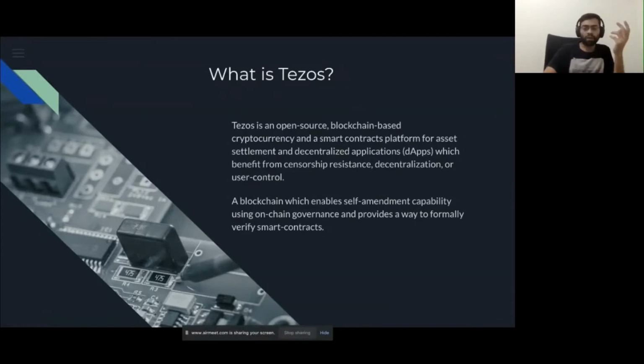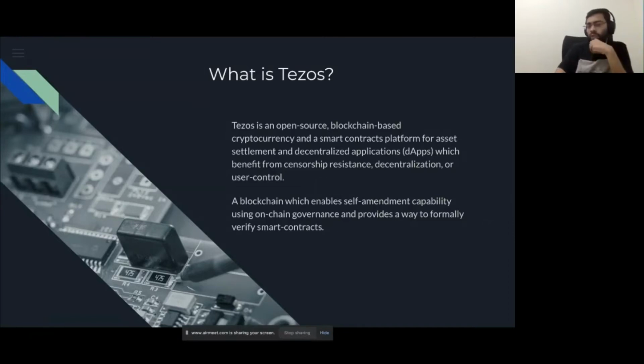A couple of other blockchains are Ethereum, Cosmos, Polkadot, but Tezos is one of the very famous ones. It's an open source blockchain, and it supports smart contracts that can be used to build dApps. dApps are basically decentralized applications that use one or more smart contracts running on a blockchain, right?